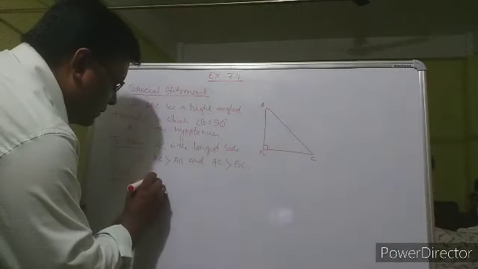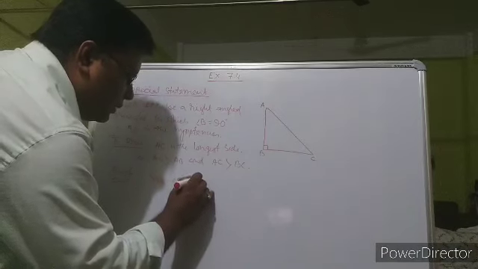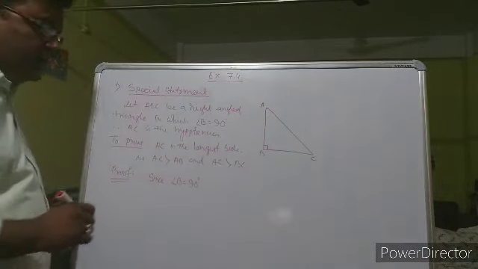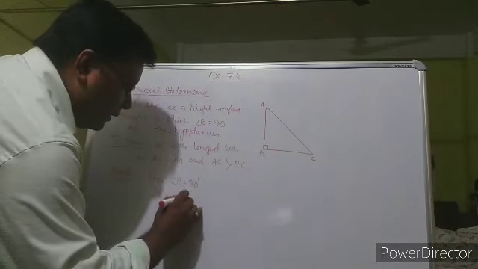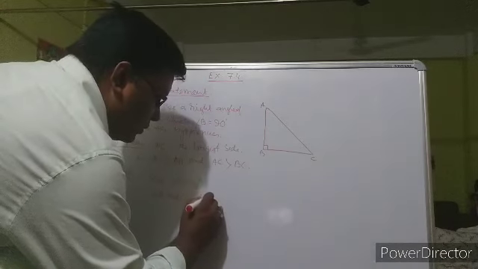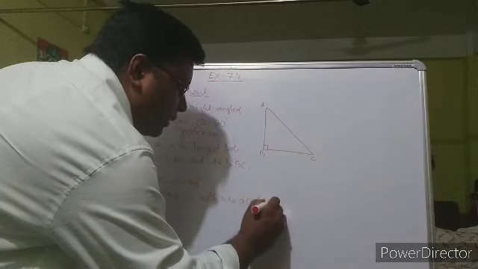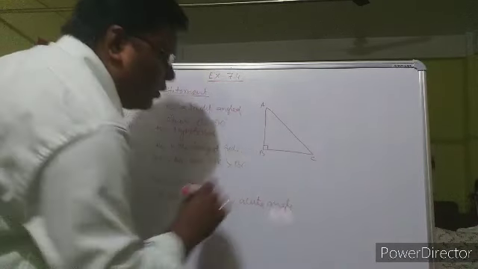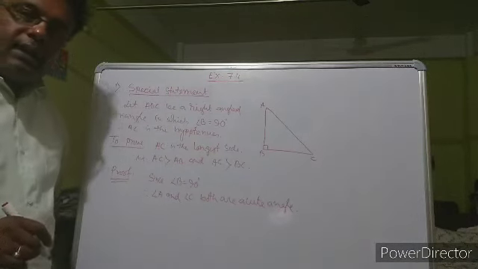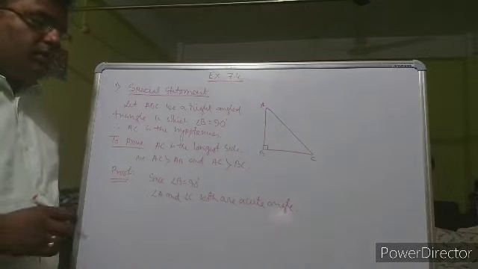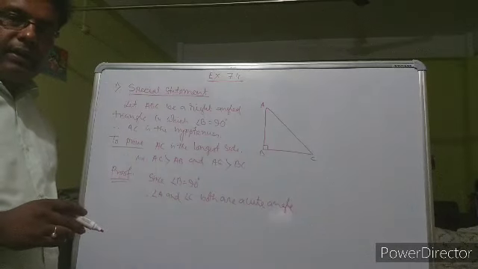So since angle B is equal to 90 degree, therefore angle A and angle C both are acute from the angle sum property, because the sum of three angles is 180 degree. So one angle is 90 degree, that means the sum of the other two angles will be 90 degree.